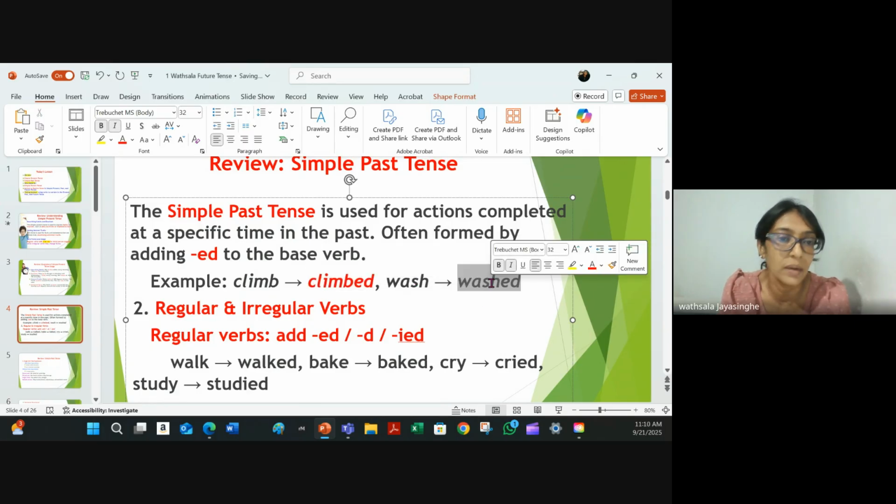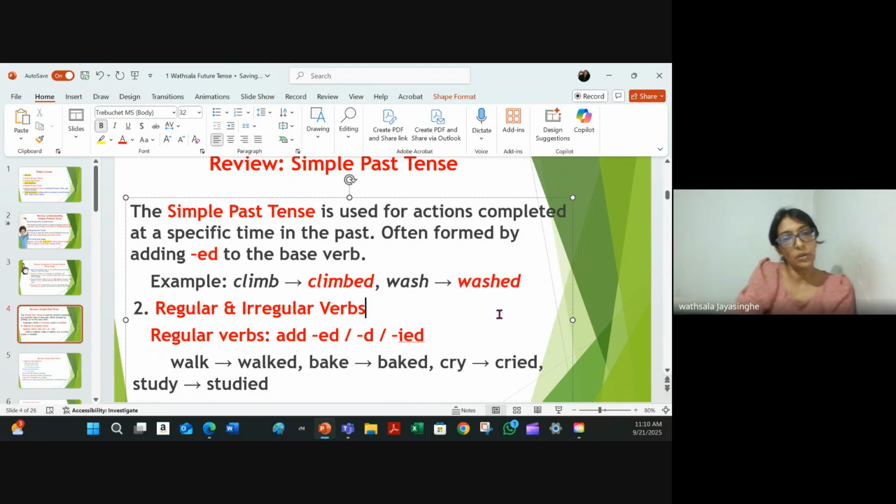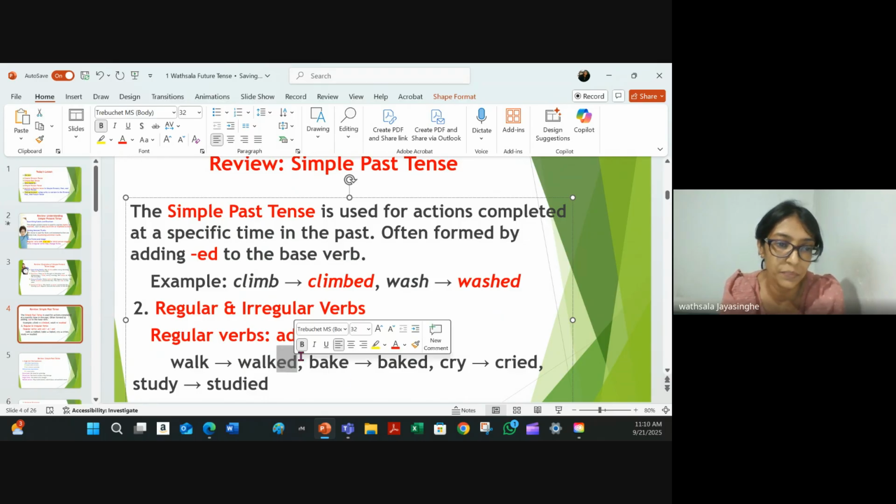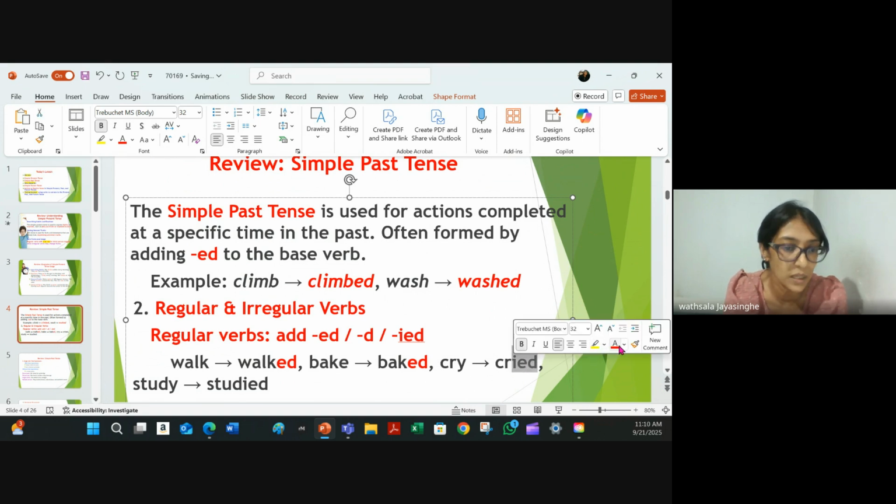In regular verbs, add ed, d, or ied. Example: walk, walked; bake, baked; cry, cried; study, studied.